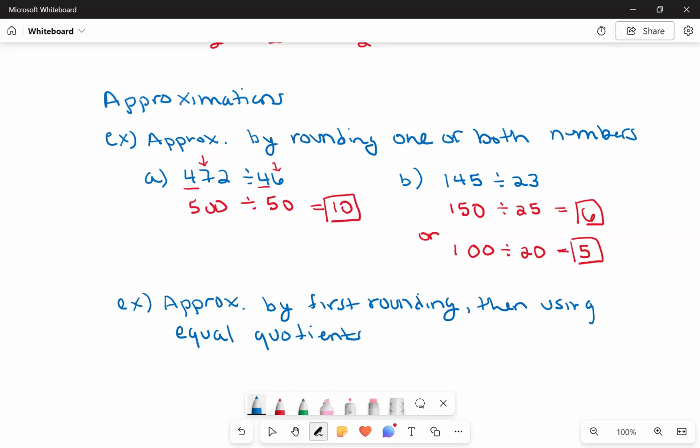Equal quotients. Okay, let's try it. So equal quotients is what we talked about earlier, when we divide or multiply by a number to make our life a little bit easier.